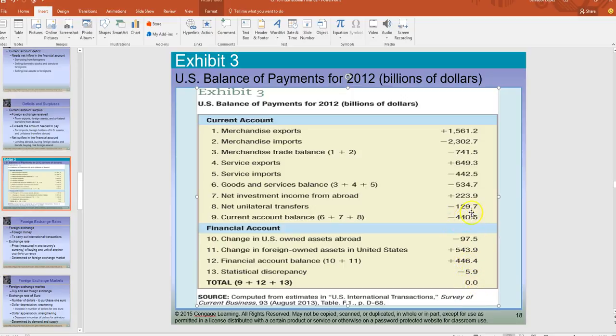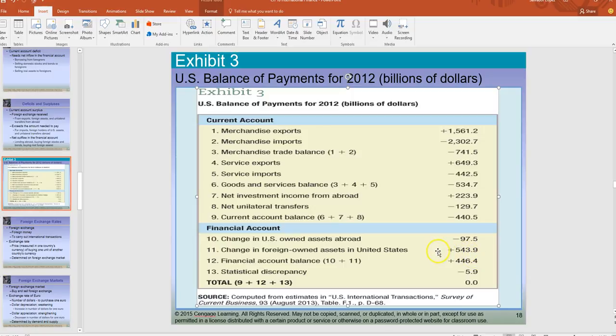Now notice that we have negative numbers here. That means we imported in value more than we exported. Well, that means foreigners have, let's say, more money or dollars. And what do they do with this money? Well, they turn around and purchase our assets. They buy our bonds, our stocks, our homes, or plants, buildings, etc. So that means we receive money.